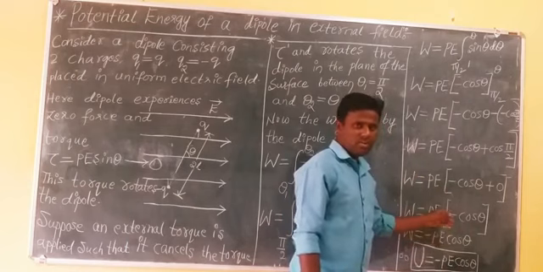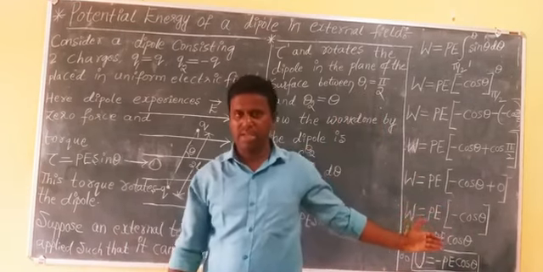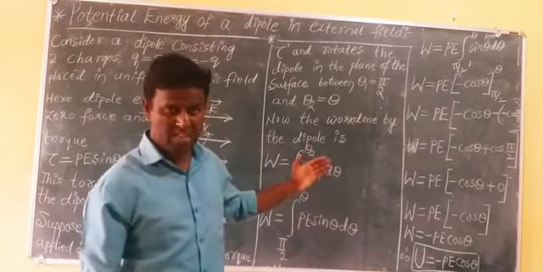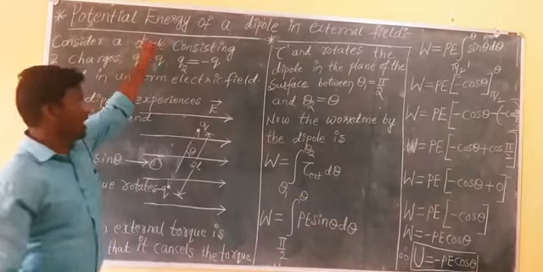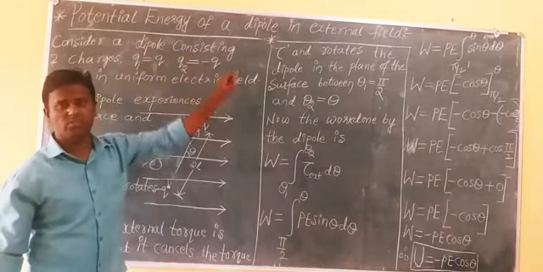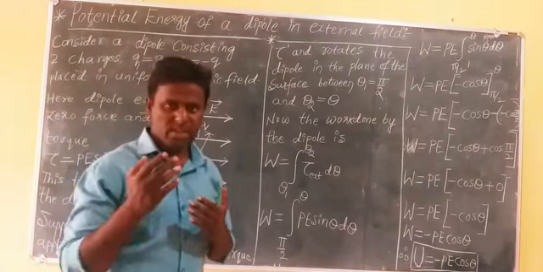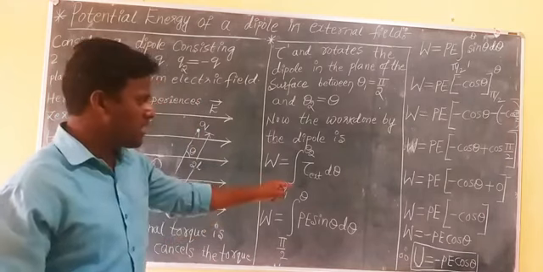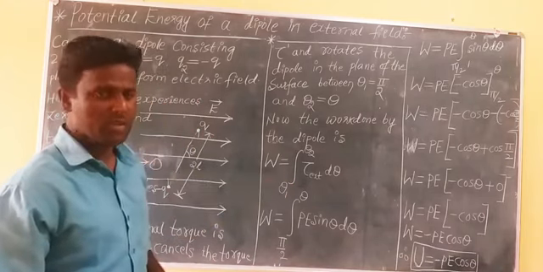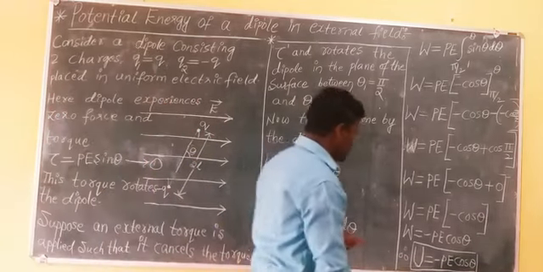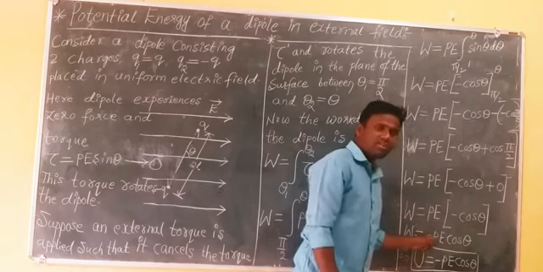And remember, this work done by the external torque is equal to the potential energy of a dipole in an external field. What you are deriving is nothing but the work done by the external torque, minus PE cos theta.